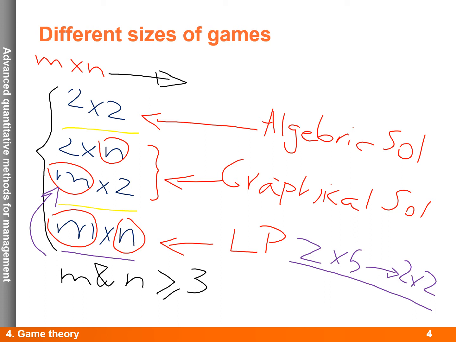And the last item: if there is no dominated strategy to reduce the size of the game, for example, if I can't convert a 4 multiplied by 3 game, I have to apply the simplex method and the linear programming solutions.